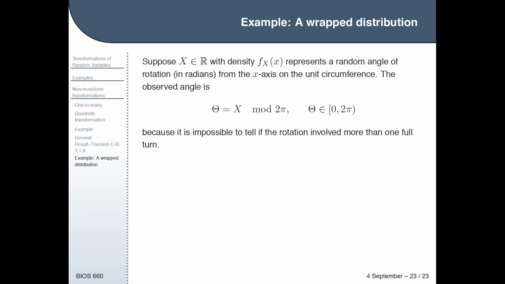They all look like you're just at a 45-degree angle. So, all we observe is this final angle modulo 2 pi.